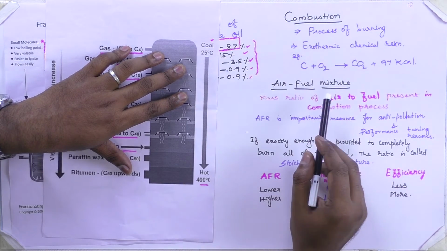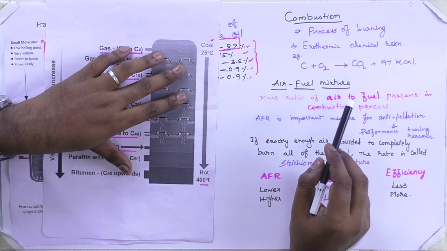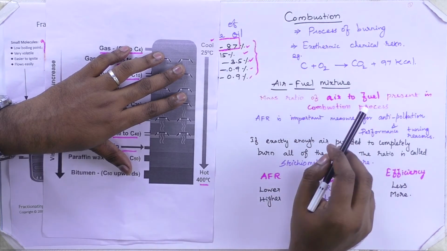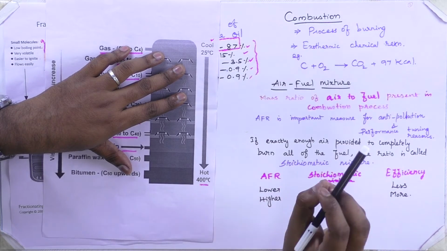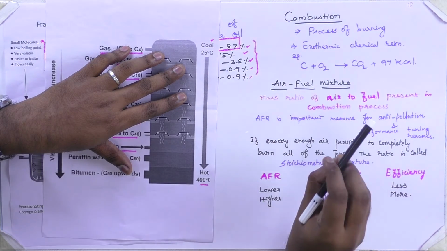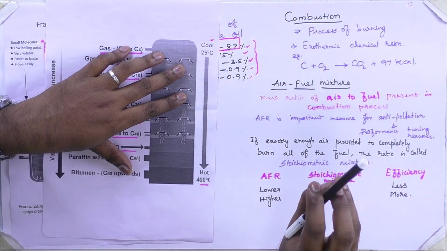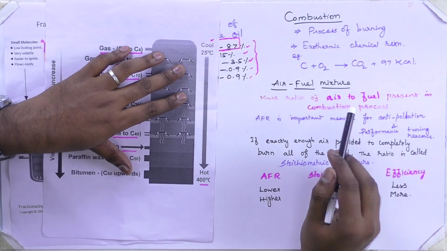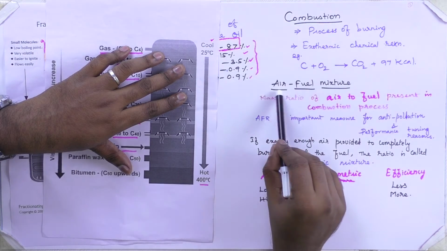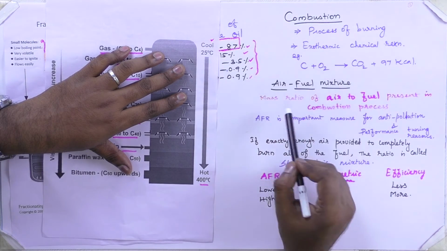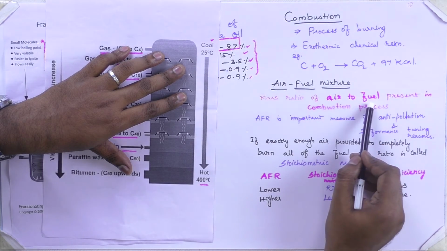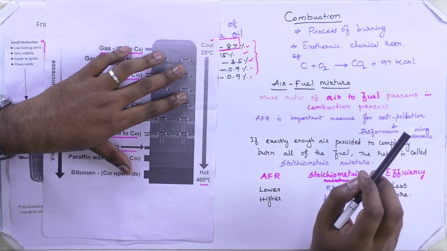In combustion, the main factor is the air fuel mixture. Depending upon the air fuel mixture, we can find out the quality of the fuel, how much it will be burned, and how it may be utilized. The mass ratio of air to fuel present in the combustion process is called the air fuel ratio.